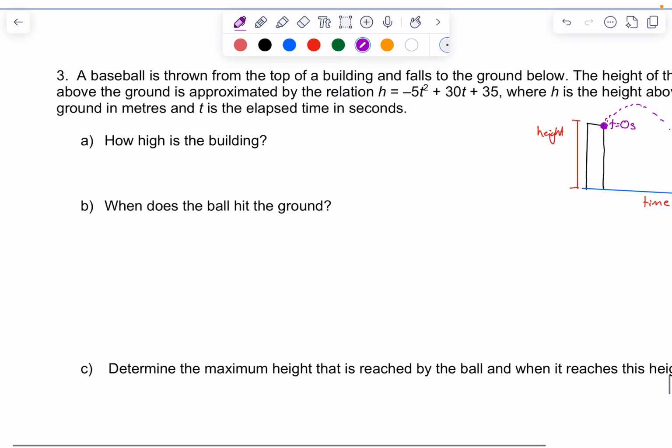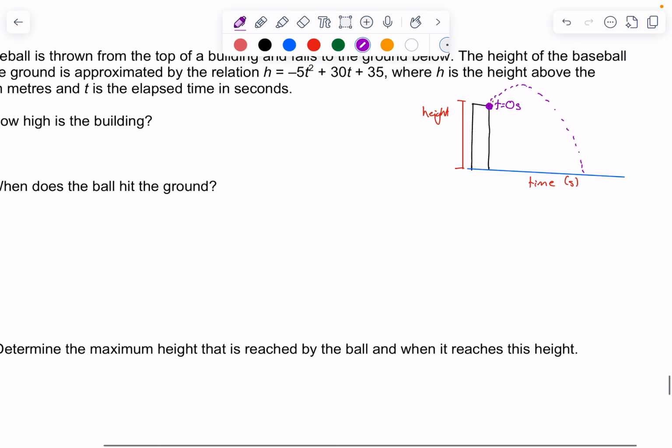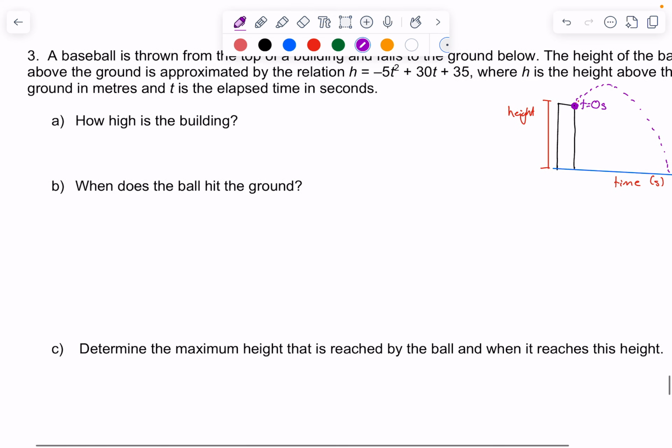So how high is the building? Well, if you're measuring the height of the building versus time, this is when t equals 0. So you have h of t equaling minus 5t squared plus 30t plus 35.